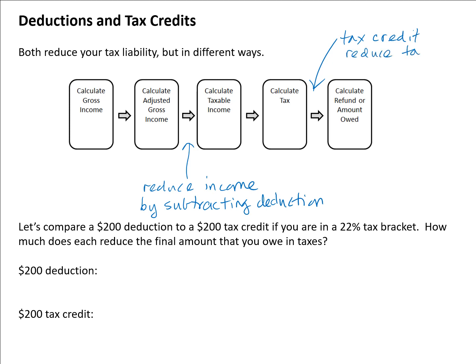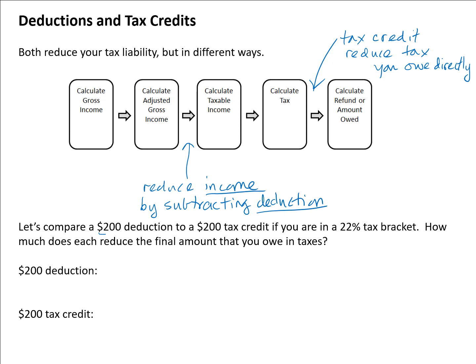It's a direct reduction. So tax credits reduce the tax, whereas deductions reduce your income prior to you figuring out what your tax is.